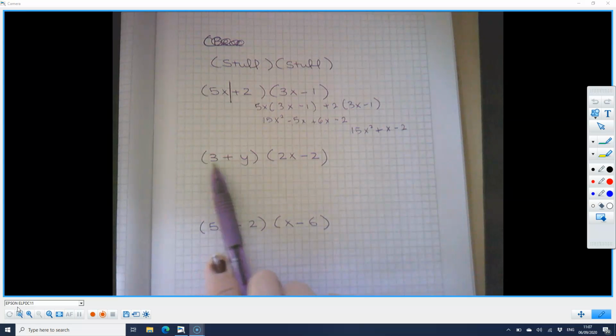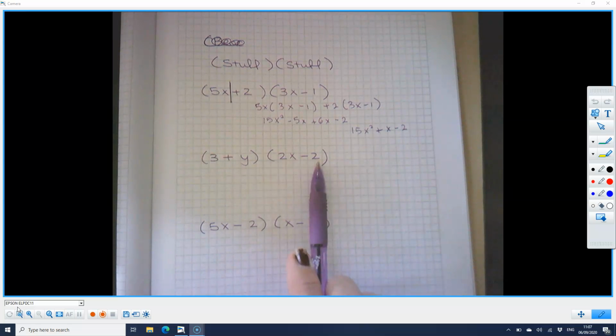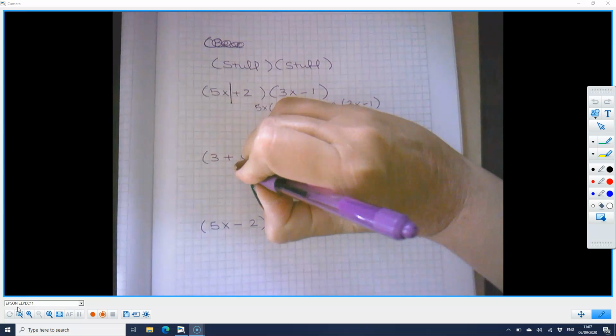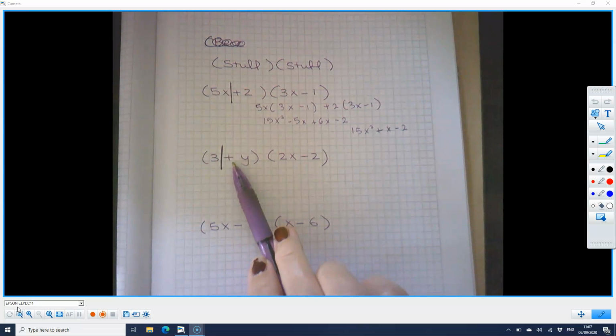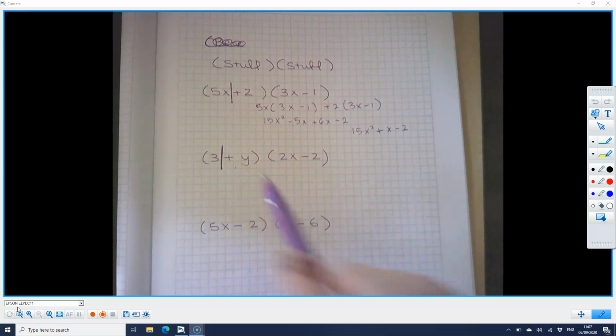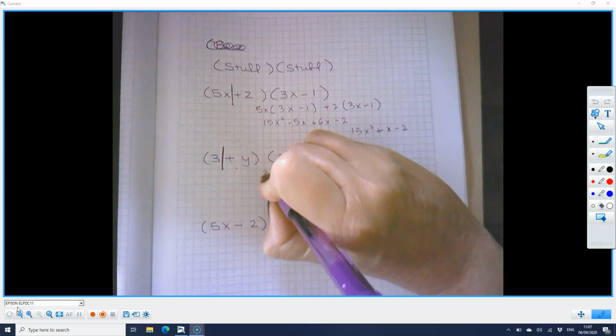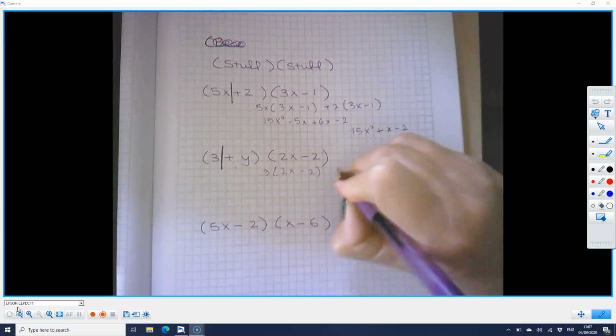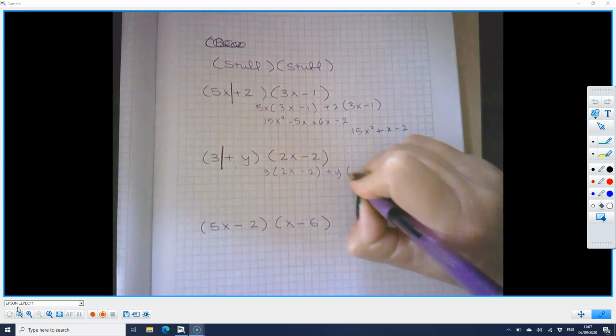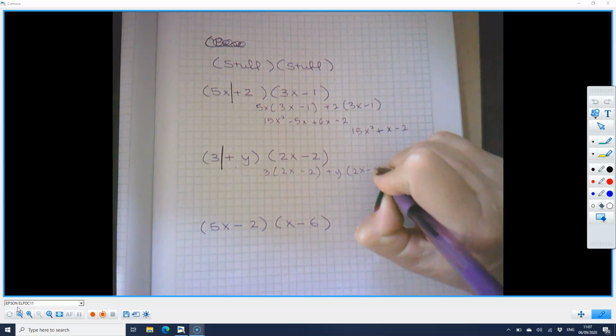Okay, same with this one. I have two sets of brackets. There's parts in both brackets, so I imagine splitting the bracket, and you split it before the sign of the second. Rewrite it out if you want to, so you can go 3 times 2x minus 2 and plus y times 2x minus 2.